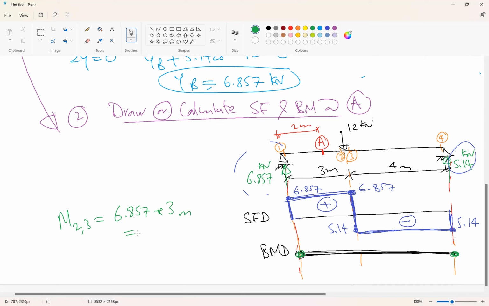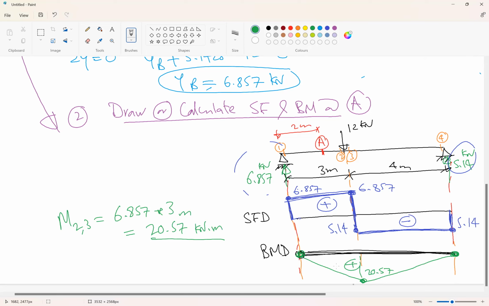This gives us a moment of 20.57 kilonewton meter. So the moment here is 20.57. There is no uniform load, so the moment will be a straight line. And this is our bending moment diagram.